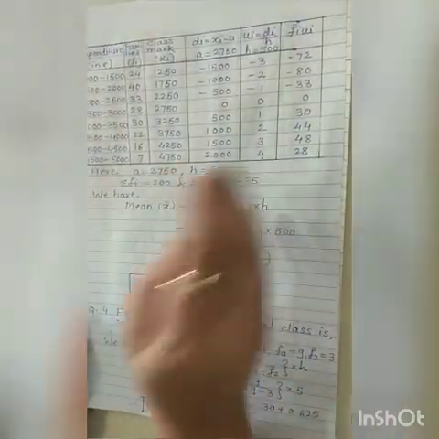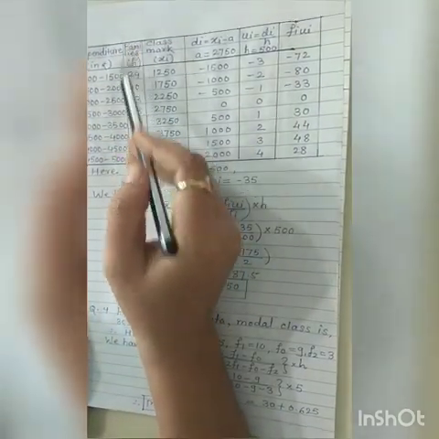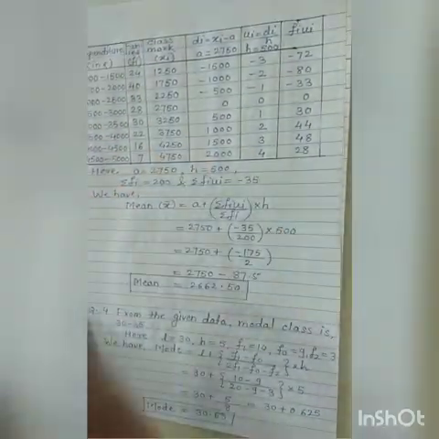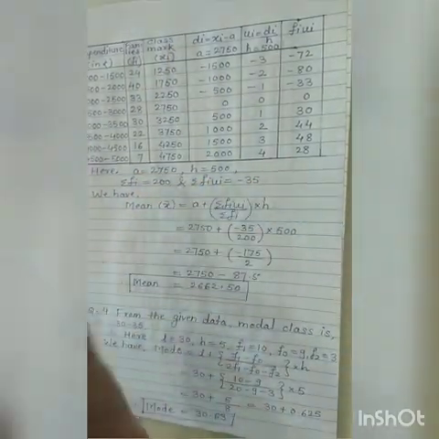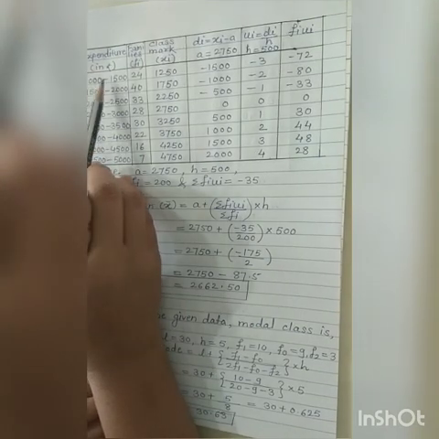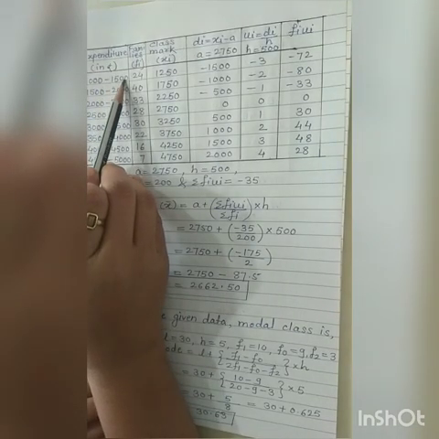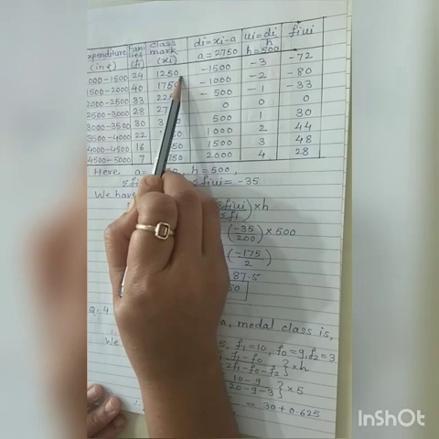Now here is the distribution table. I have written here expenditure and number of families given, then class mark Xi. Now here again we know that 1000 plus 1500 is 2500 divided by 2 is 1250.